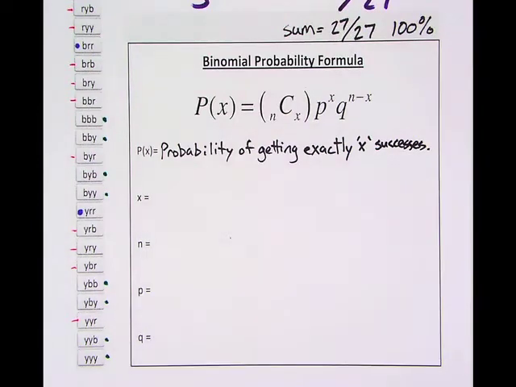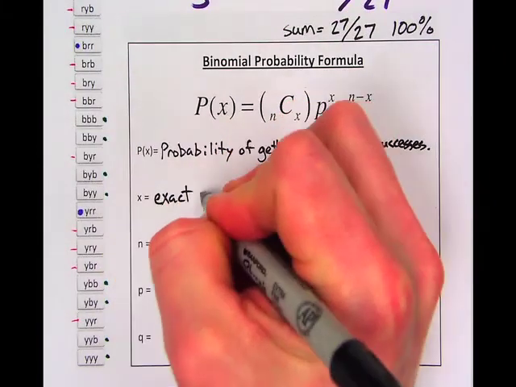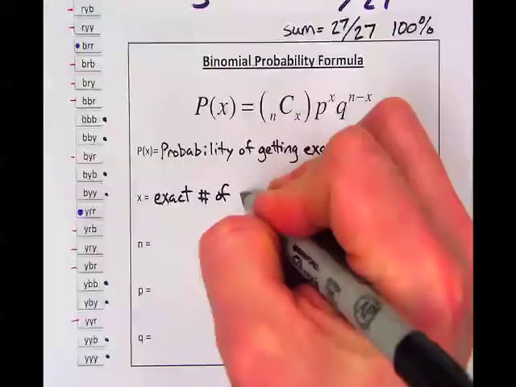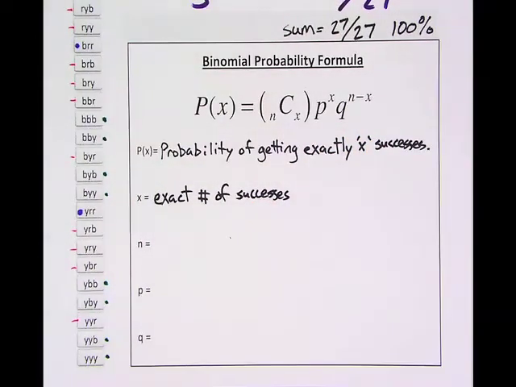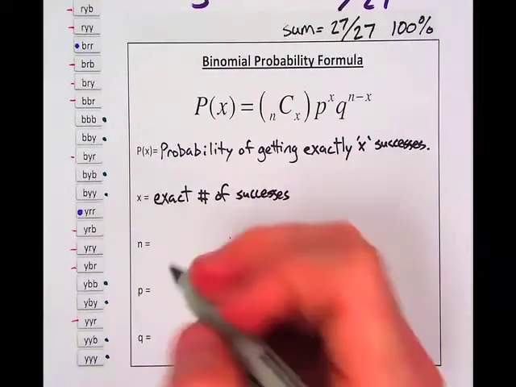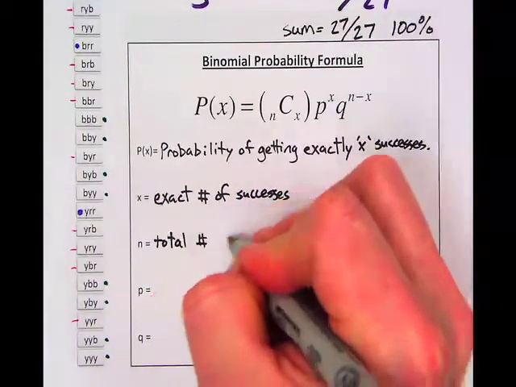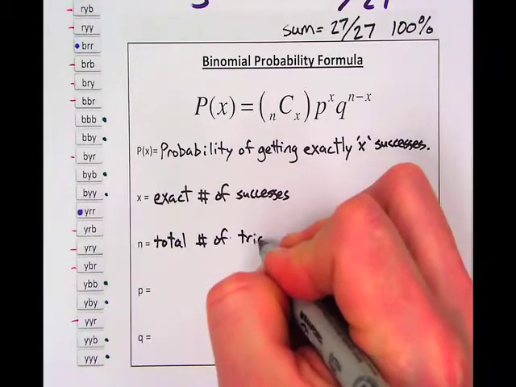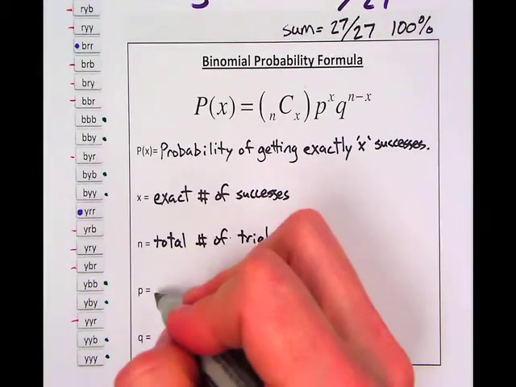That tells us what x stands for: this is the exact number of successes. n is the total number of trials. p is the probability of success on one trial.